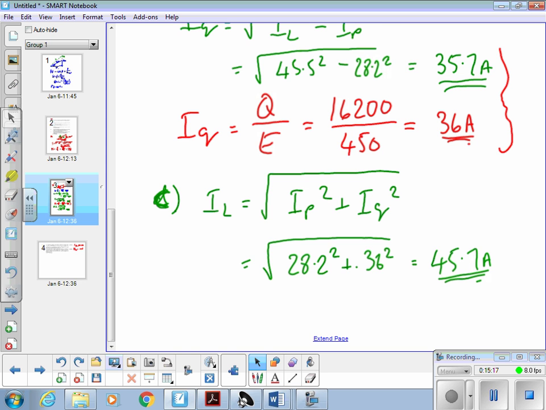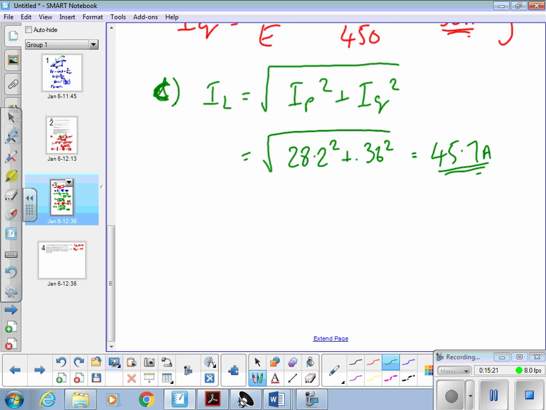And we can also get, always remember that we can get this angle from either the power triangle, the current triangle, the phase difference between voltage and current. That's always going to be the same for all those triangles.